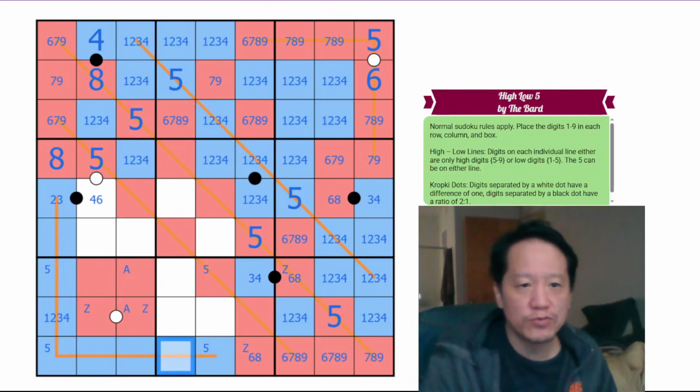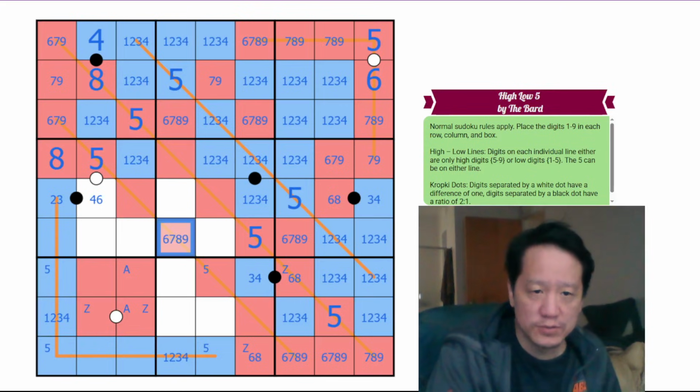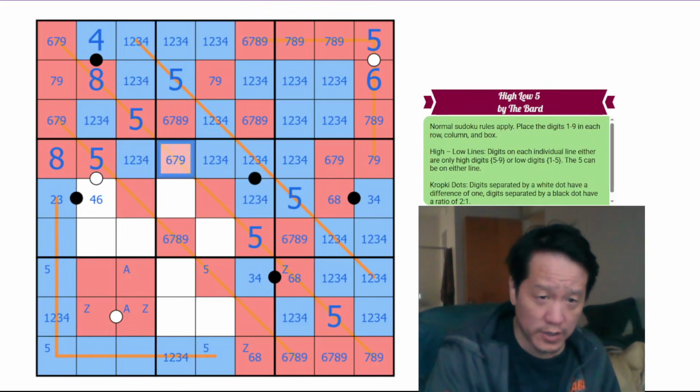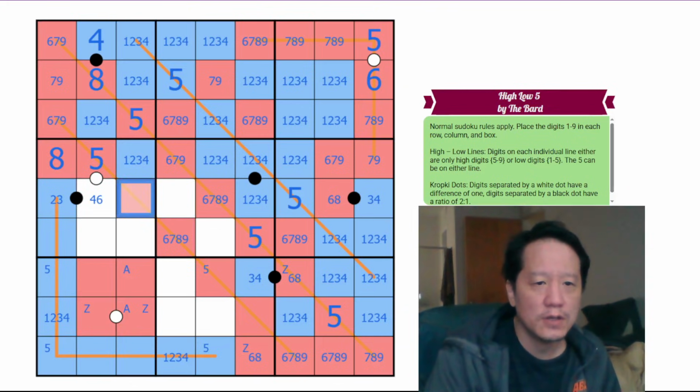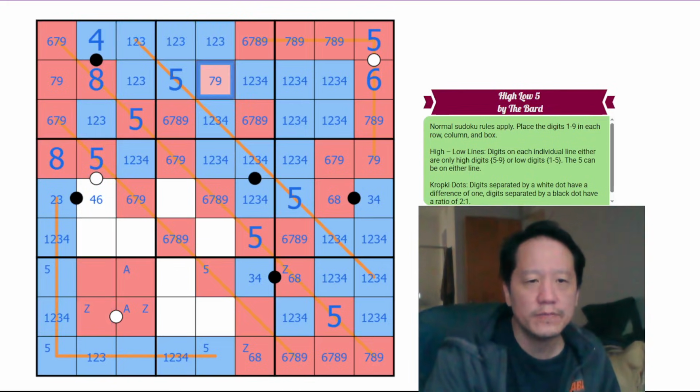This must be 1 through 4. We have 6 through 9 here, 6 through 9 here, no 8 here because of 8 in the row. 6 through 9 here. 6 through 9 here, but no 8 because of 8 in the box. This is 1 through 4. This is 1 through 3. No 4 allowed here, here, or here.